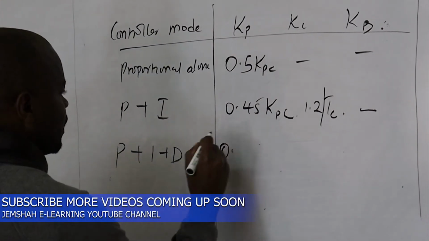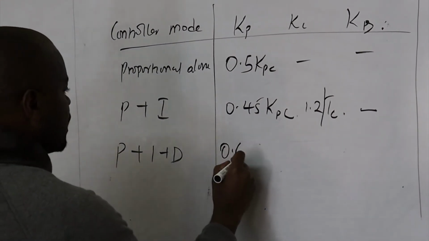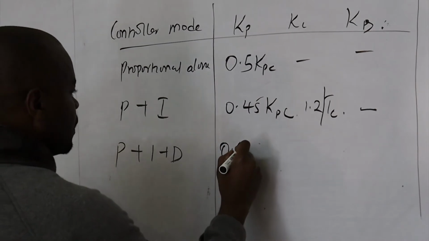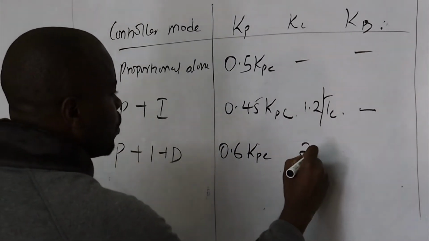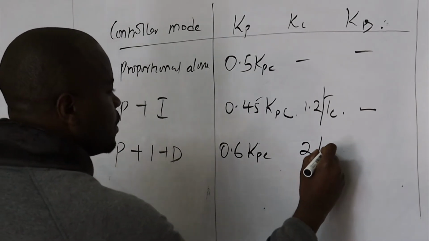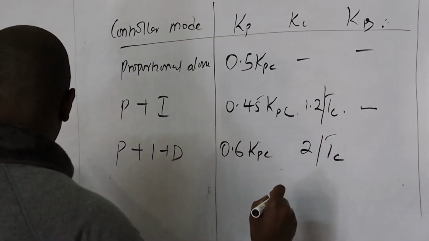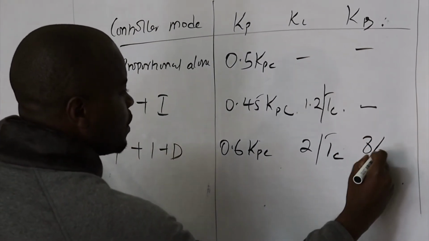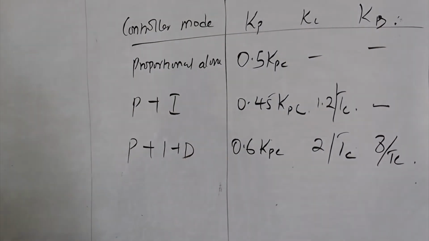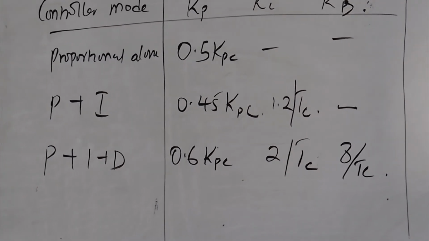And then lastly, we are going to have 0.6 Kpc, and also 2.0 or 2 all over Tc, and then we have what we call 8 all over Tc. So those are the values that you will be able to obtain.